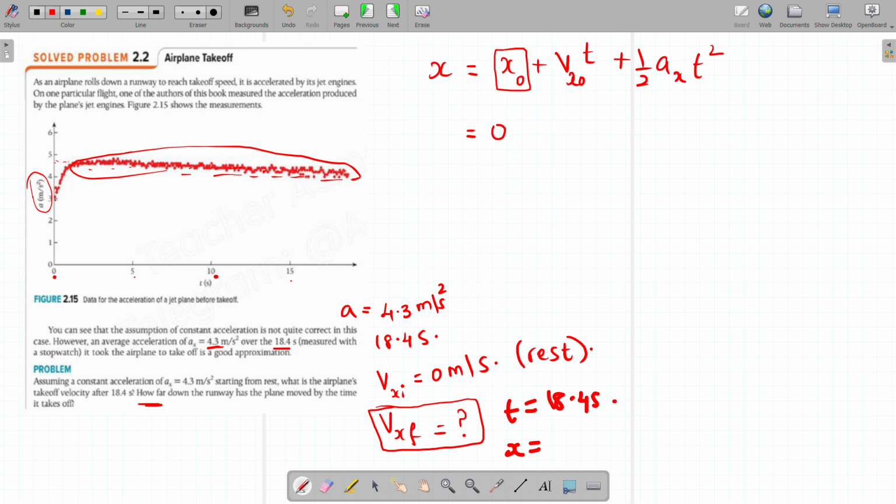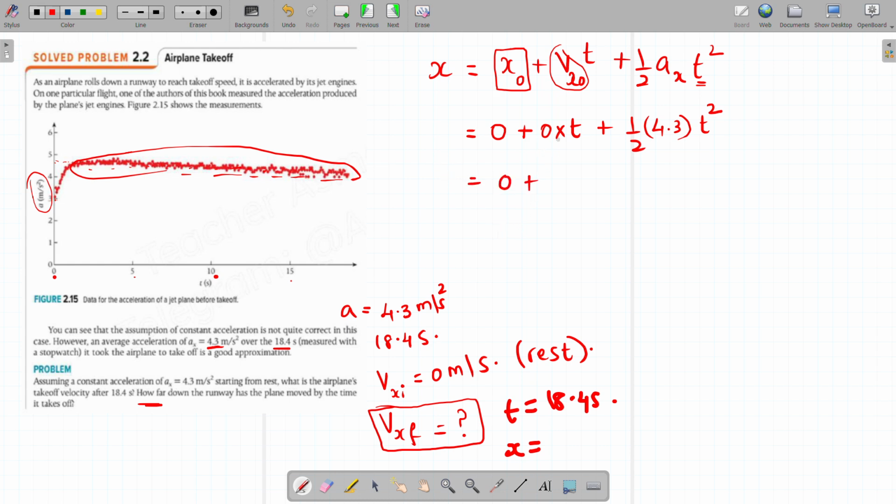The beginning position was 0 and the initial speed is 0 times t, plus half the acceleration, which is 4.3, times t squared.